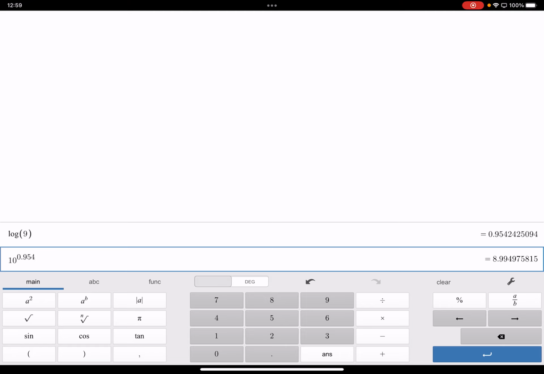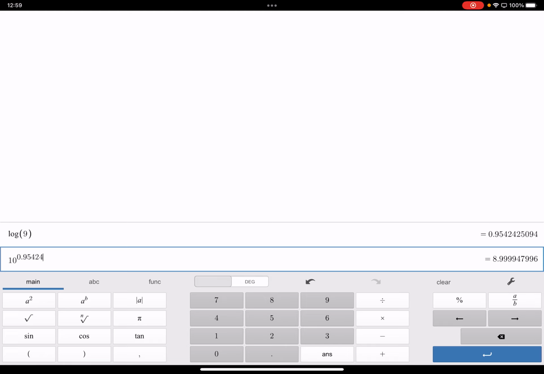The more decimal points I use, the more accurate it becomes. So if I put in the next decimal point, the next value, which is 0.9542, notice that the number gets closer again. My answer gets closer and closer to 9.